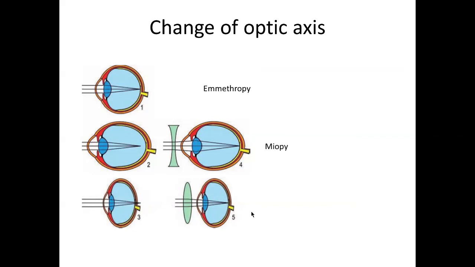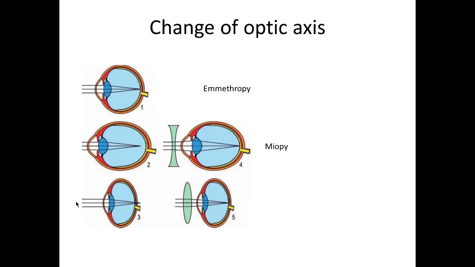And the third type of vision is presented in the low row, and you can see in comparison with the top picture that the eye bulb was diminished in the anteroposterior diameter.